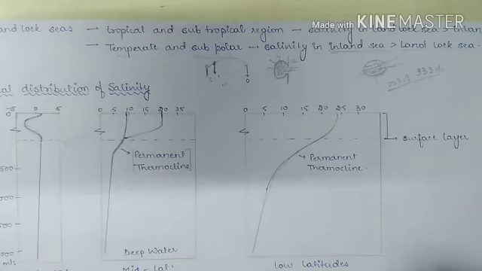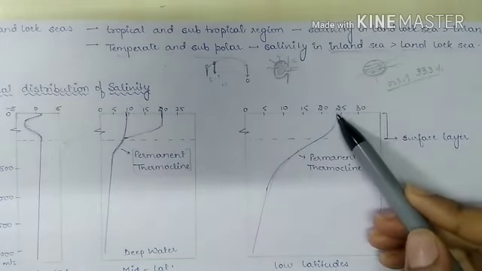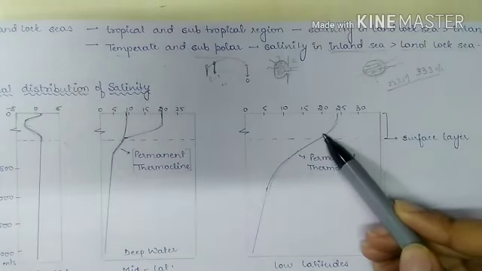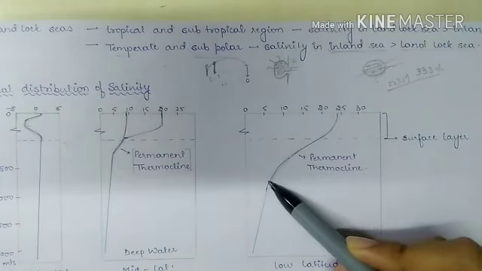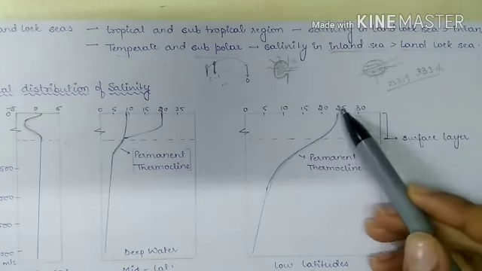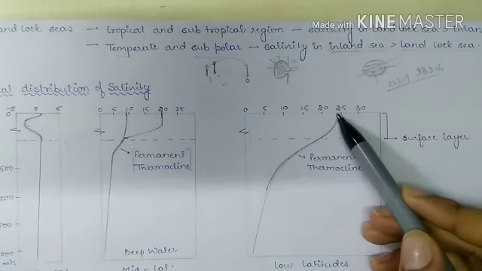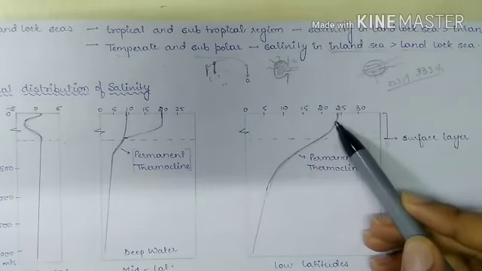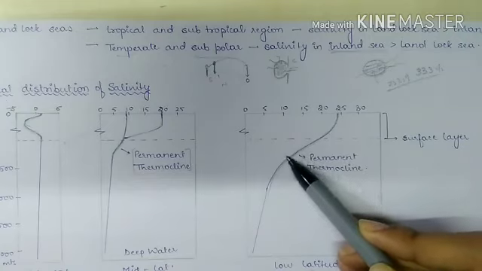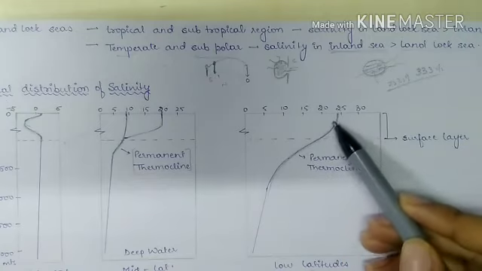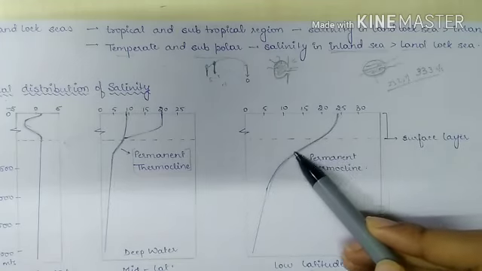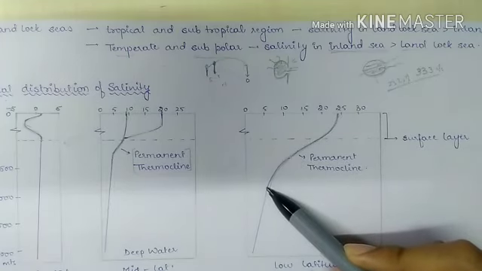Lastly, we have the area of lower latitude. So in the area of lower latitude, we can see a great range of variation in salinity. At the surface it was quite high, but as we go down, it changes steeply and the salinity steeply decreases until 1200 or 2000 meters.